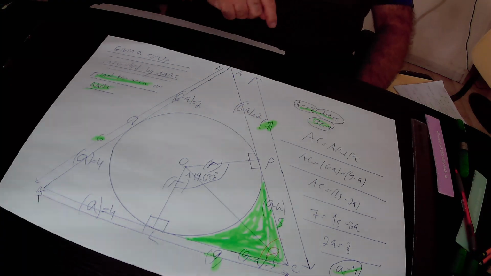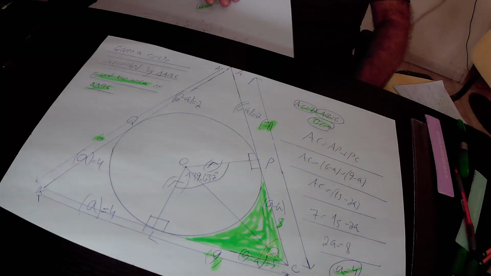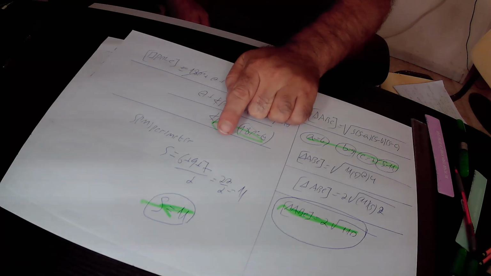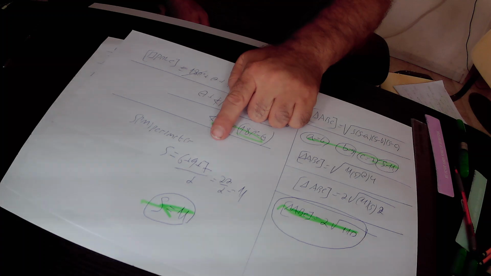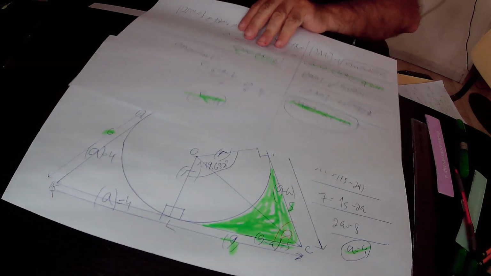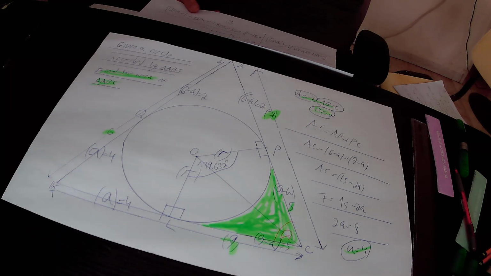And if we divide it by 2, we get the semi-perimeter of triangle ABC. So the semi-perimeter equals 6 plus 9 plus 7 over 2. 6 plus 9 is 15, 15 plus 7 is 22, 22 over 2 is 11. So the semi-perimeter of this triangle ABC equals 11 units in length.